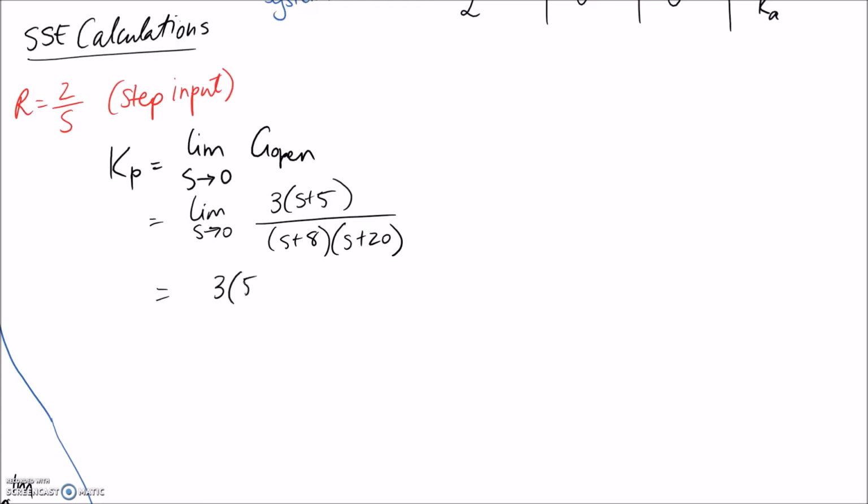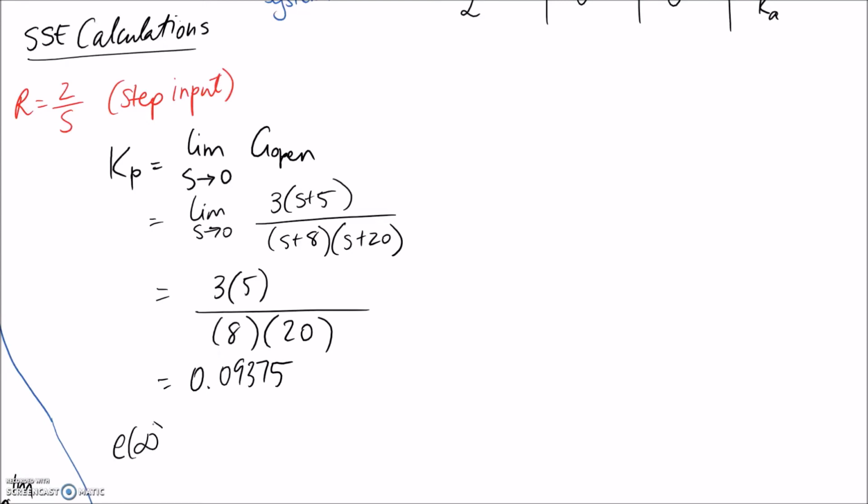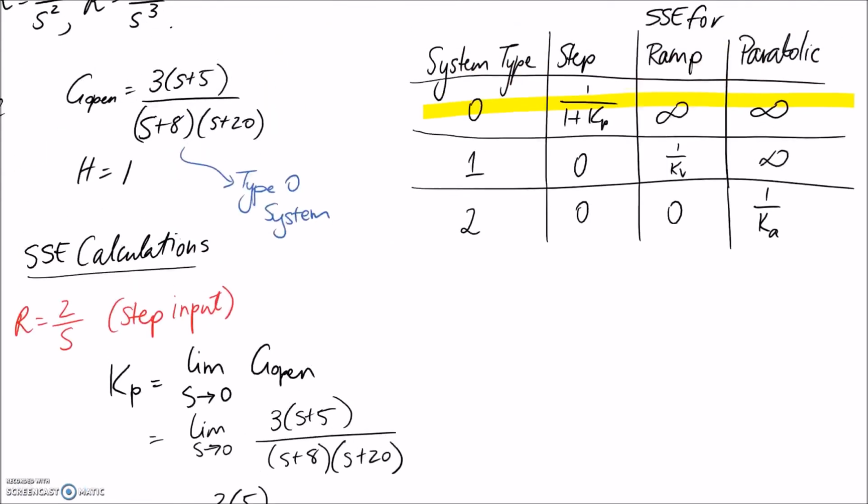So we're going to get 3. S goes to zeros here, so it's 5. We're going to get 8 and 20. So if you calculate out that number, it gives you the error constant, and it's about 0.09375.